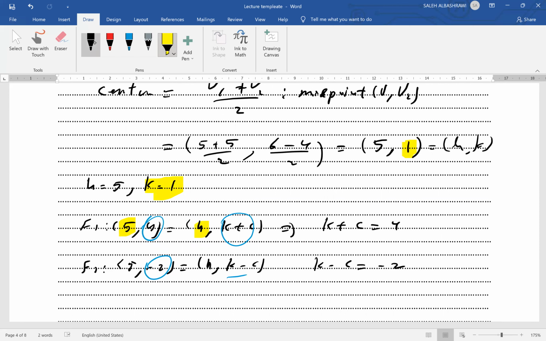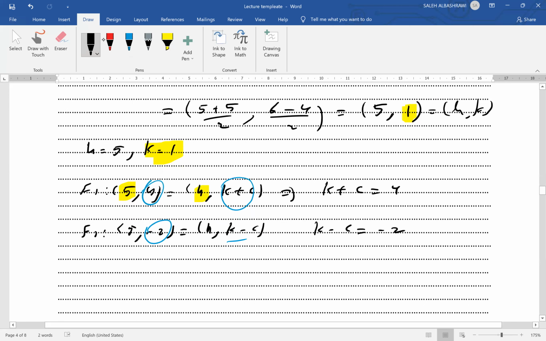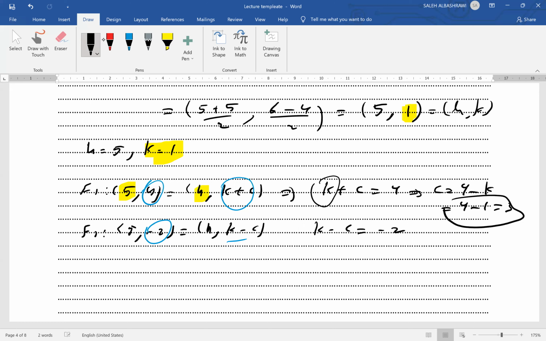So if we replace k by 1, either in the first equation or the second equation, in the first equation this gives c equal to 4 minus k, which is 4 minus 1 equal to 3. The second equation gives the same thing: minus c equal to minus 2 minus 1, so minus c equal to minus 3, or c equal to 3. Now I have c.